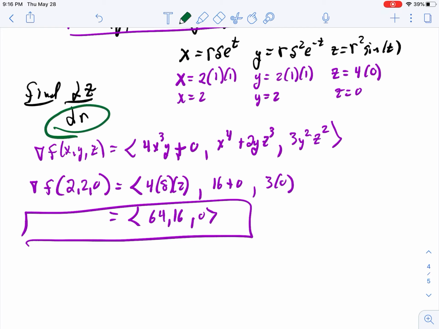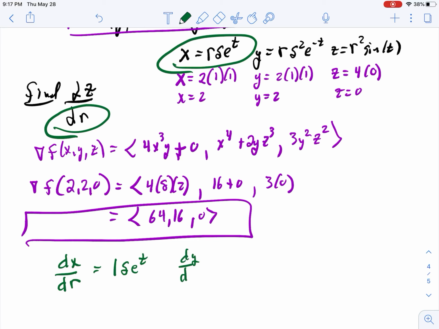Now we want to do the derivative according to r. So we want to do dx dr. So I'm looking up here. Okay, so what's the derivative of r only? That would be 1, and that would leave me with s e^t.